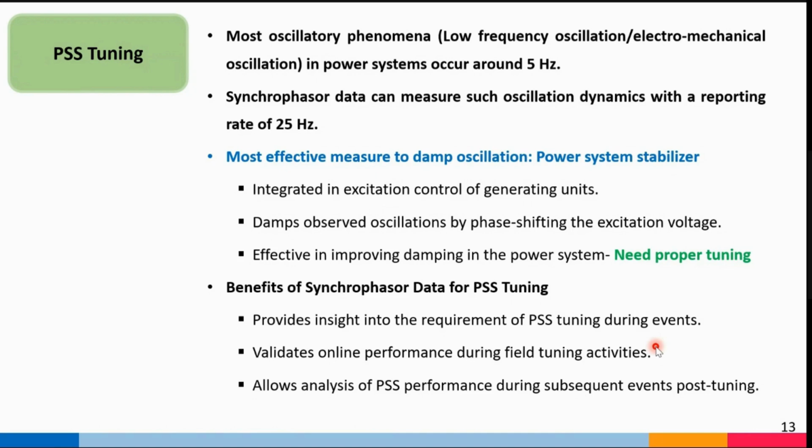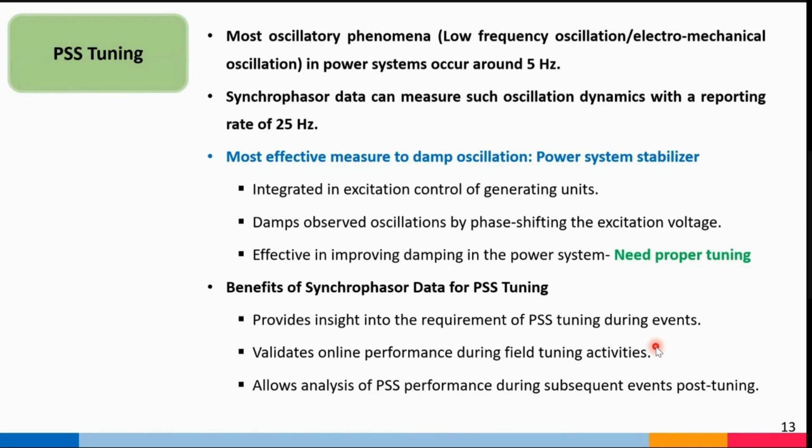Let us say you provide a step change in the V reference to the excitation system, and you check whether the PSS is able to damp the oscillations. Or you trip one of the outgoing lines as a disturbance test, or you change the step input directly by tripping a reactor. You check whether the system is performing well with PSS in service and without PSS in service for that particular generating plant.